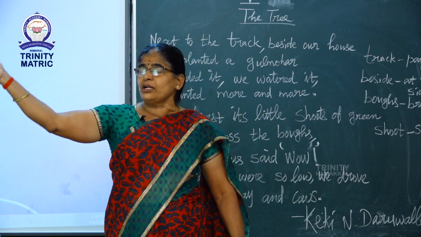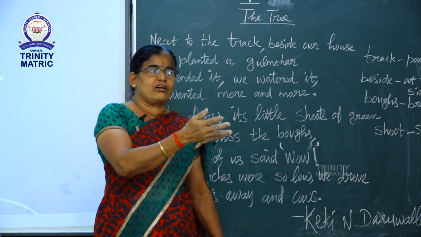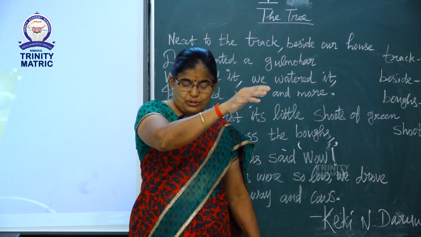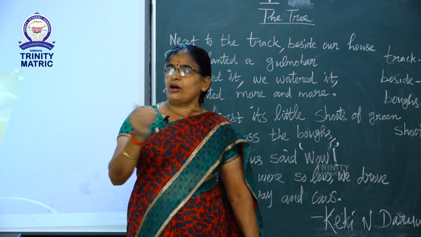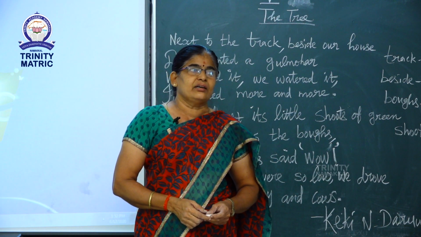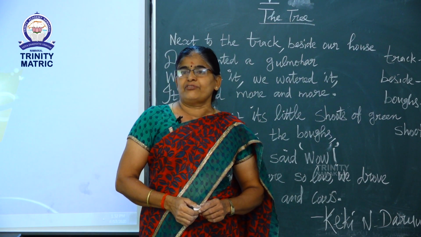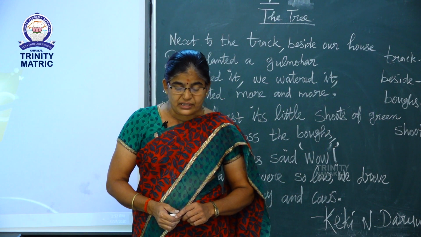Waving means to and fro movement, like how the waves come in the sea. So it waved to the skies. Wave means going up and down. But the tree gives us everything. You are getting everything from the tree.